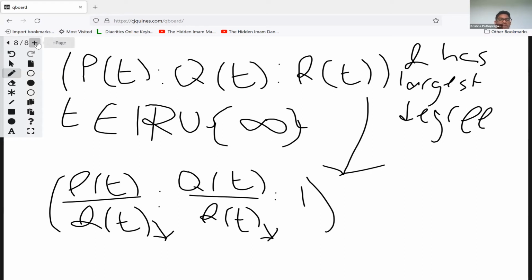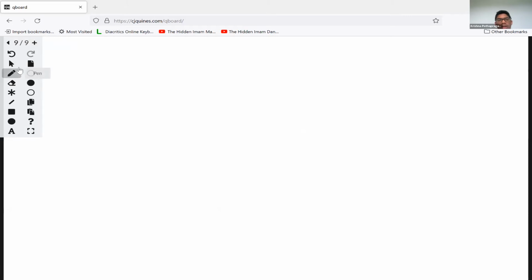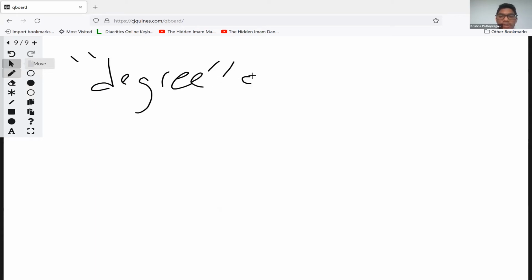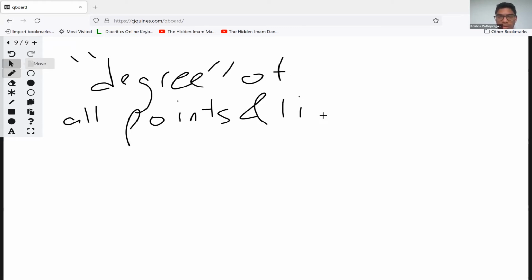So after we parametrize, we are going to find the degree of all points and lines in the problem.